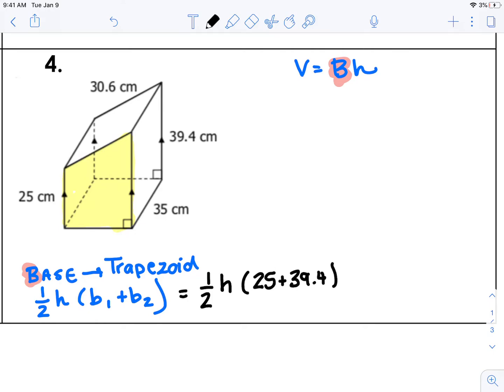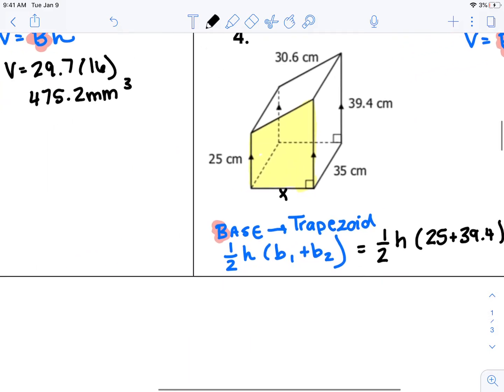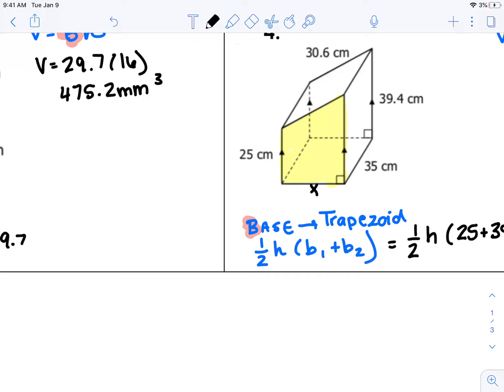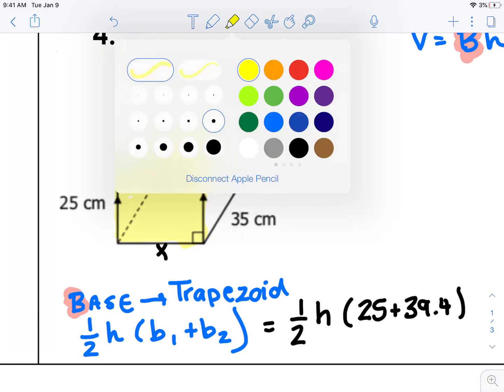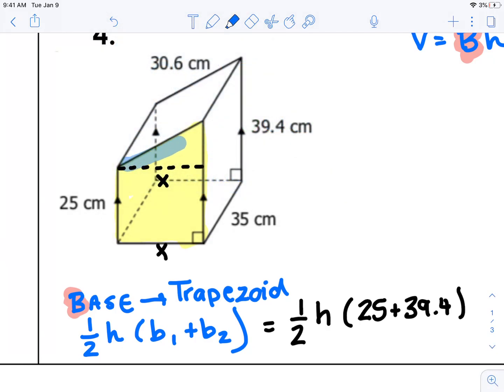I am missing the height, however, and how I'm going to find that is I need to use the Pythagorean theorem. If I draw in the height right here, I'm going to call that x. I can now use the Pythagorean theorem to solve for x.